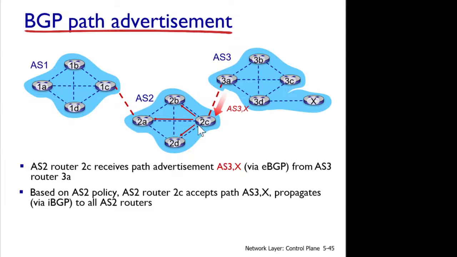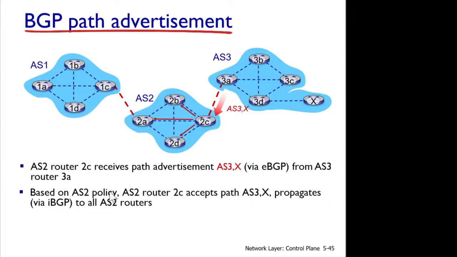The internal BGP part of the protocol now communicates. Its messages are sent from 2C with that information saying, look, if you have a datagram for X, it should be sent to AS3, but the next hop should be 2C. Does that make sense? In other words, send it to me, send it to 2C, and I'll send it on to AS3.